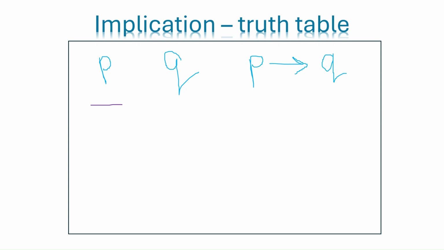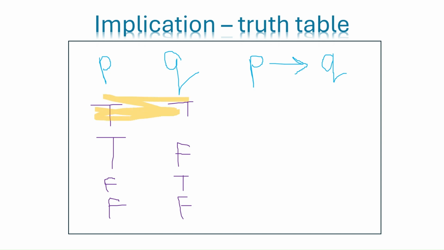Okay, so this is true, this is true, this is false, and this is false. Okay, true, false, true, and false. Okay, so with the implication table, firstly, let me just highlight this.